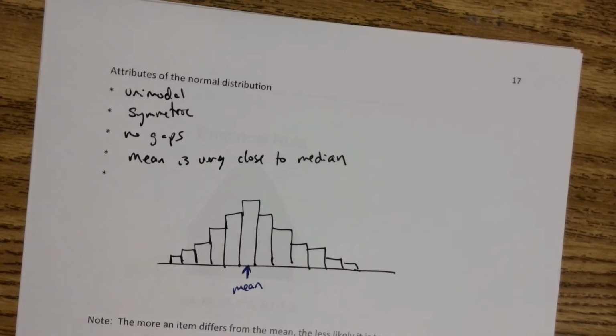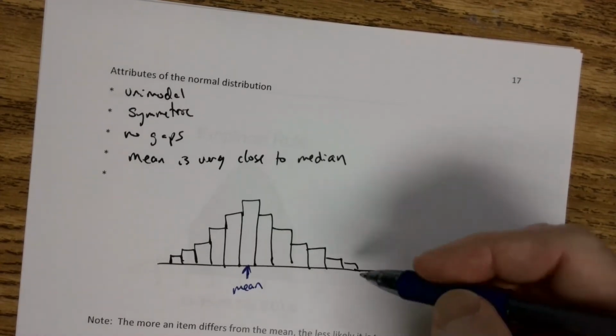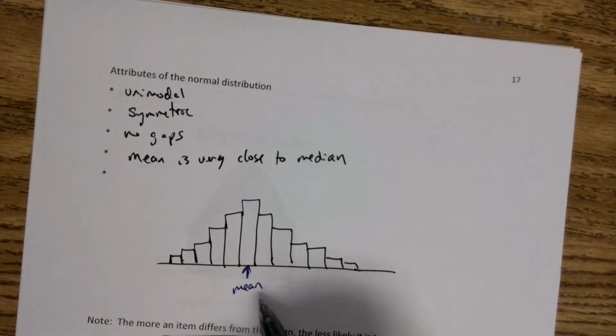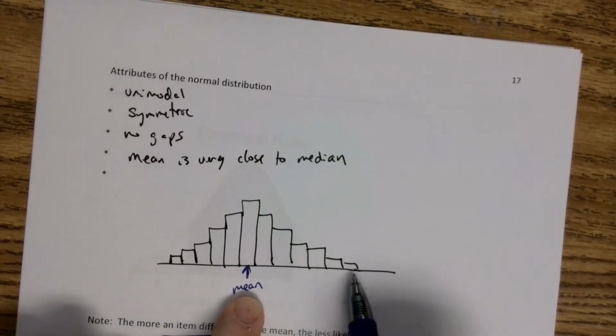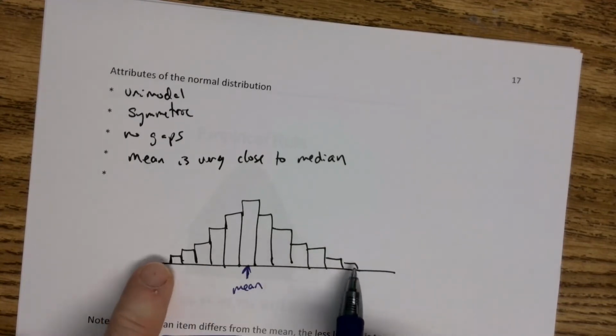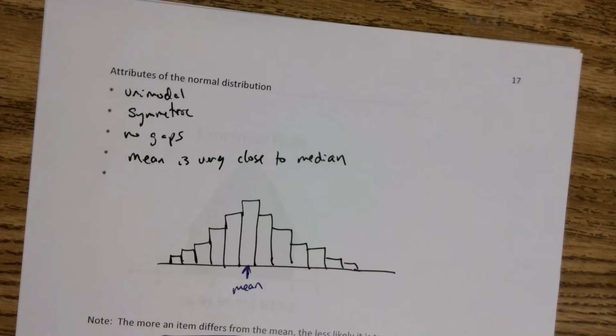Okay. And the further away you are from the mean, the less likely that happens. So if the mean is 10 and out here is 30, 30s don't happen very often. But neither do negative 20s. Okay, so these things out here don't happen very often.